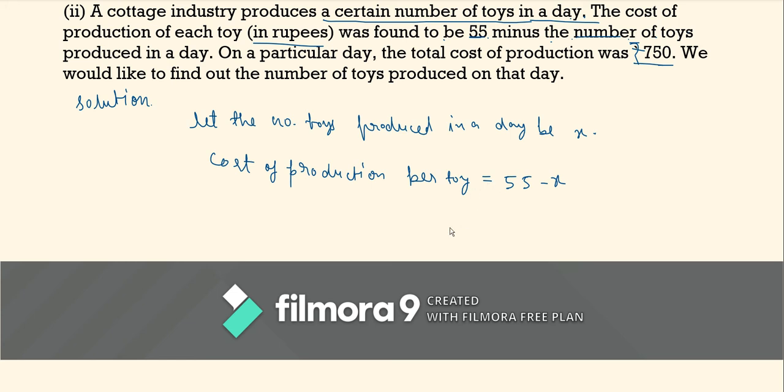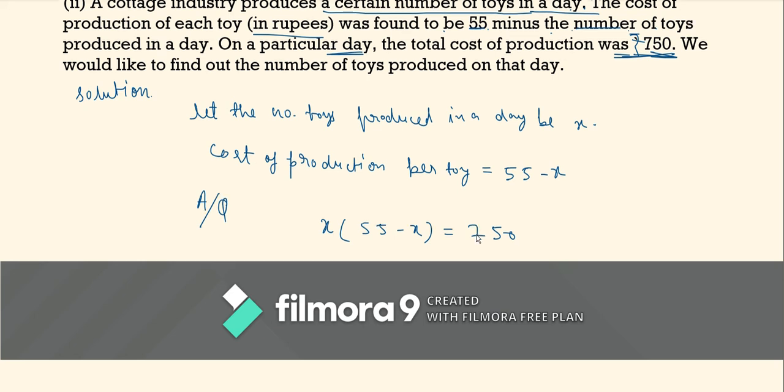Thereafter you have to multiply. On a particular day the total cost of production was 750, so the number of toys multiplied with the cost of production of one toy will give you the total cost. Did you understand? So according to the question, you write x multiplied with 55 minus x, and this gives you 750. Now solve again and you will get a quadratic equation, which will be the required solution of this question.